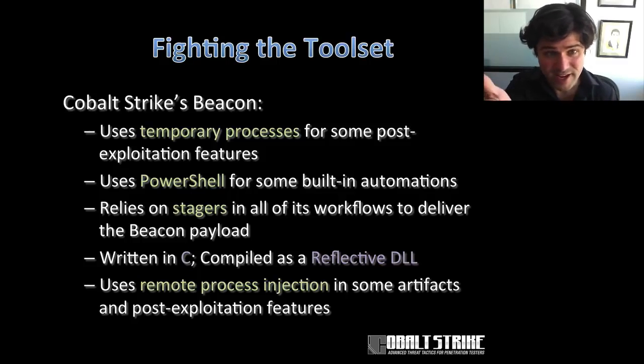Which could have been a one-liner, it could have been an executable. But whatever it is, there's no such thing as an on-disk mechanism that's always required to deliver beacon. Beacon is agnostic to the thing that delivers it and runs it. And that's what being a self-bootstrapping memory-injected DLL gives us.